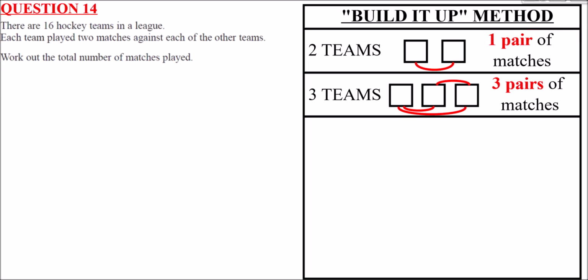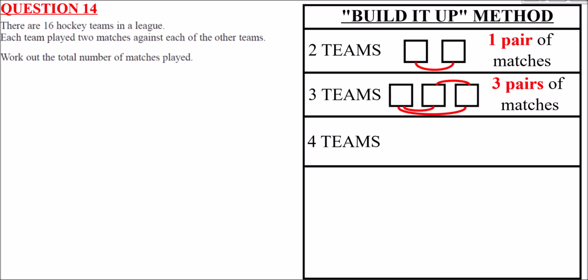What if there are 4 teams? Now, if you ever watch the World Cup, I think it might be the same for rugby as well, I'm not sure, but in the World Cup in football, there's 4 teams in each group stage. And you might well know that in the group stage, the teams play 6 times.